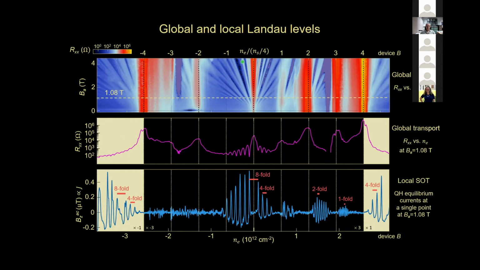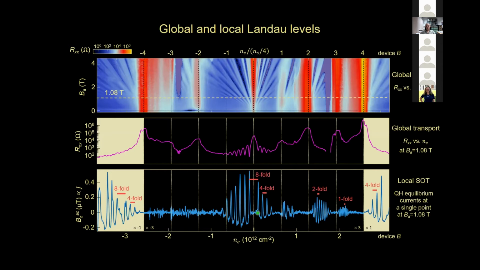At high fields, you see that some of the degeneracy is lifted. The Landau levels that are formed above filling factor 2 are 2-fold degenerate. Those that globally you don't see at all, but locally you see them nicely, are 1-fold degenerate. And the dispersive bands are usually 4-fold degenerate, as you see here, and occasionally we see an 8-fold Landau level between 4-fold Landau levels.